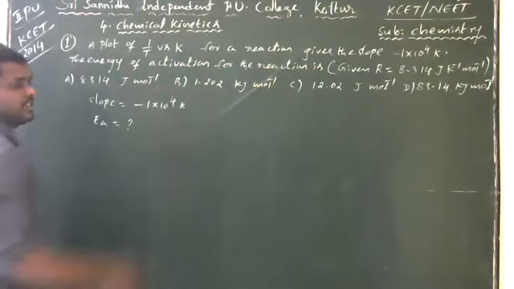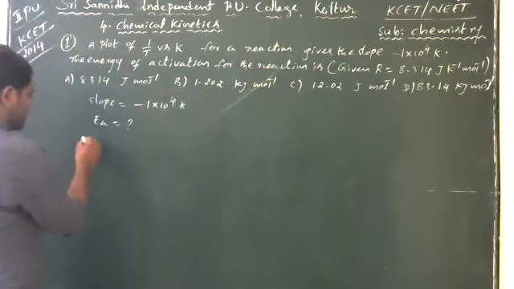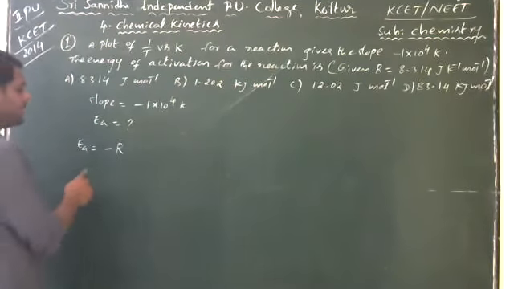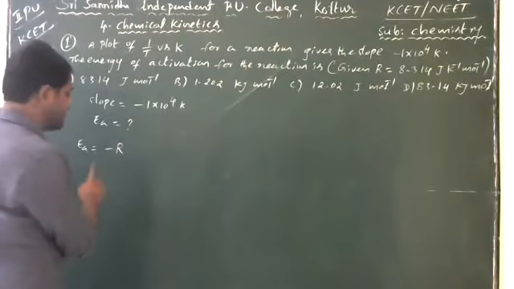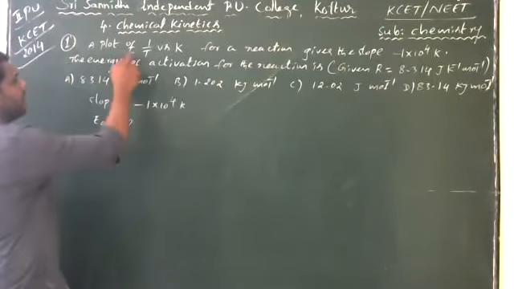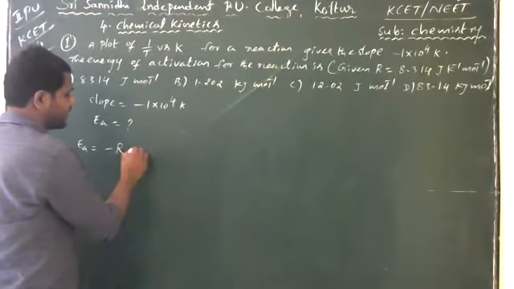Actually this is deleted from the syllabus this year. Then we have to take Ea. The activation energy can be calculated using the formula when the slope value is given. When the graph is 1 by T versus k, Ea is equal to minus R into slope.